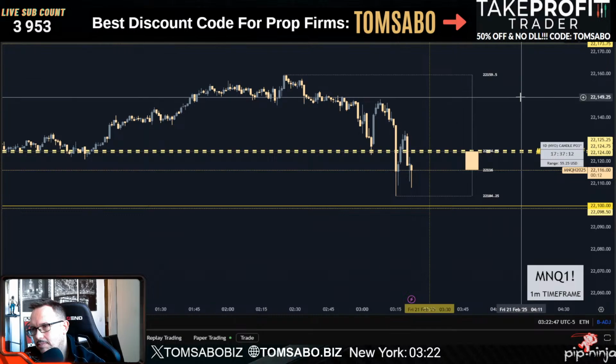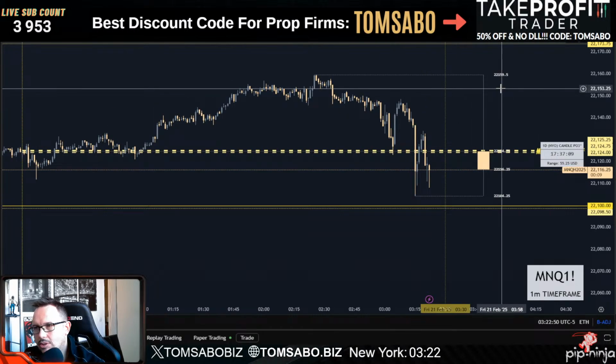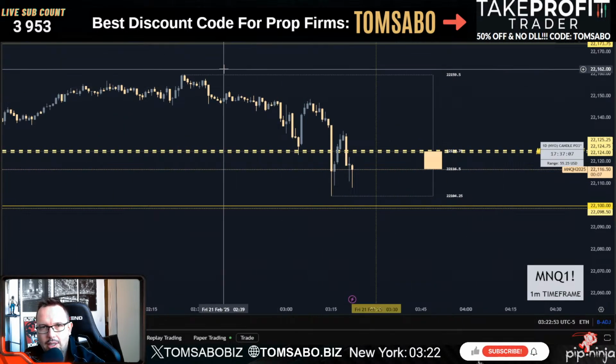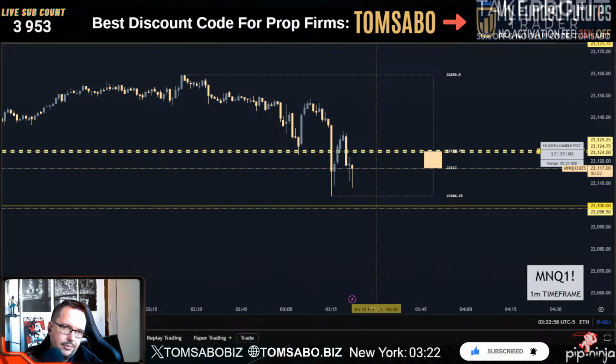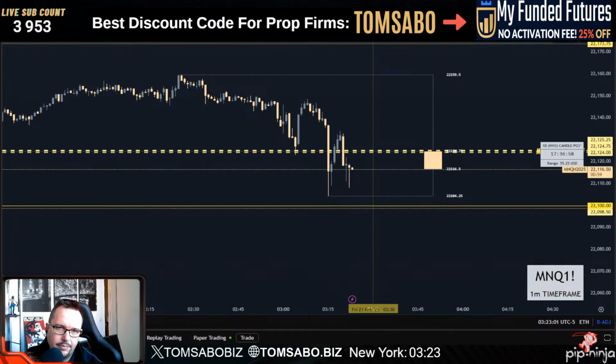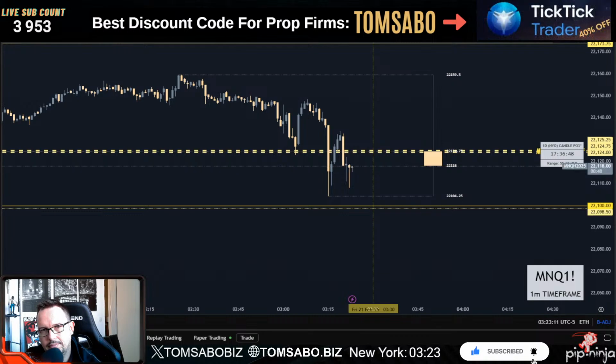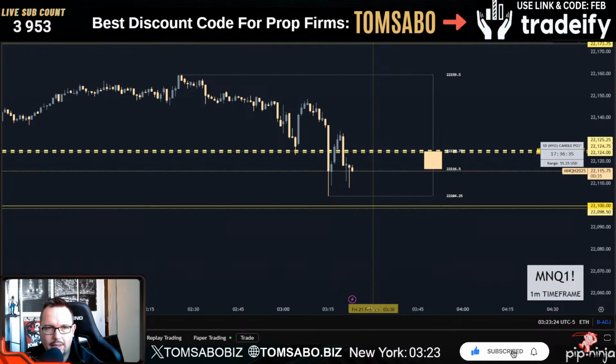What is going on here? Is it going to bounce again, or is it going to try to take the zone? Quite interesting. I mean, obviously we still have a lot of time.